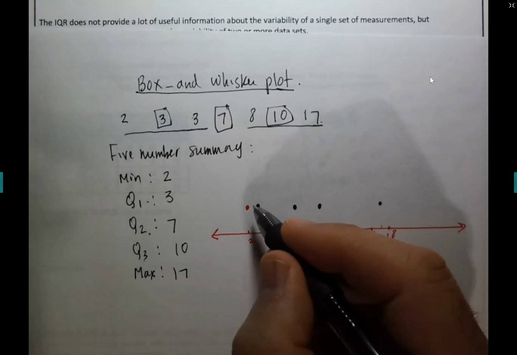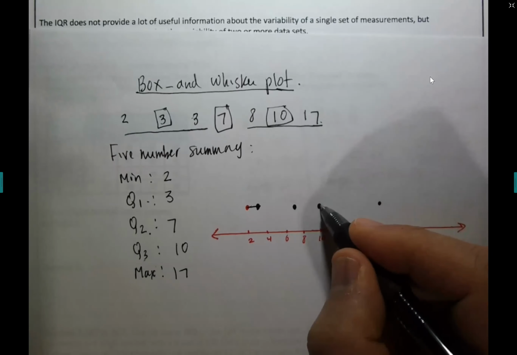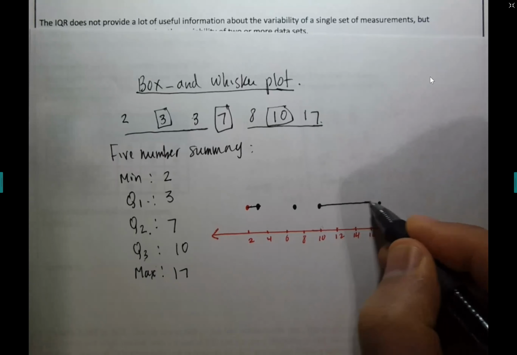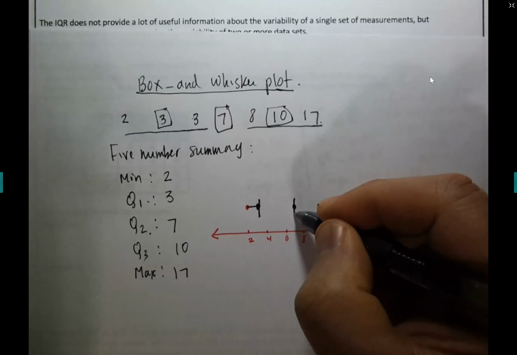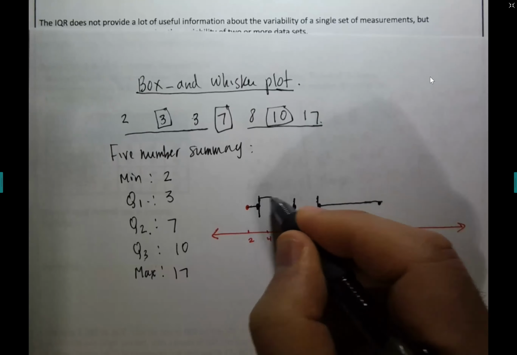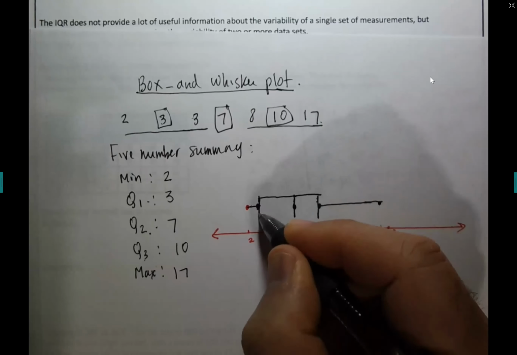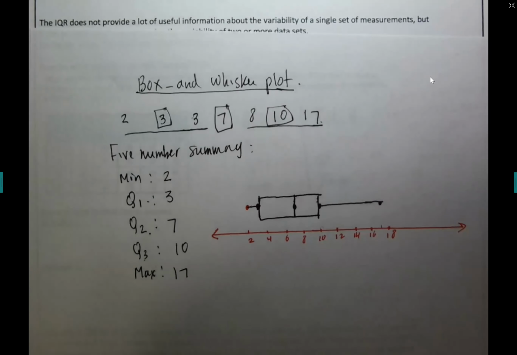Now, the first 2 points you connect with a whisker. The last 2 points you connect with a whisker as well. And then you do this. Now I'm going to do the box. And that's what we call a box and whisker plot.